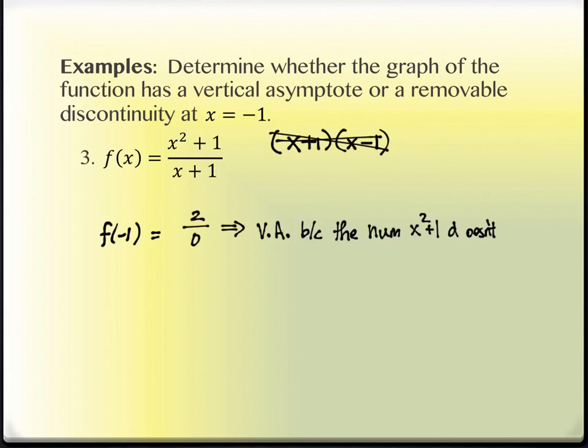But for the purposes of what we care about right now, at the very least, it doesn't reduce with the x plus 1 in the denominator. Does that make sense? So we have a vertical asymptote for that reason. And there are other similar statements you could make that would be okay as well.